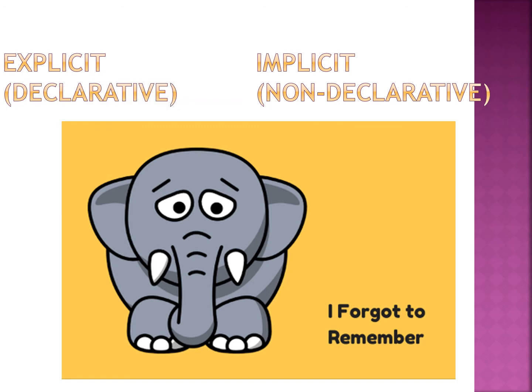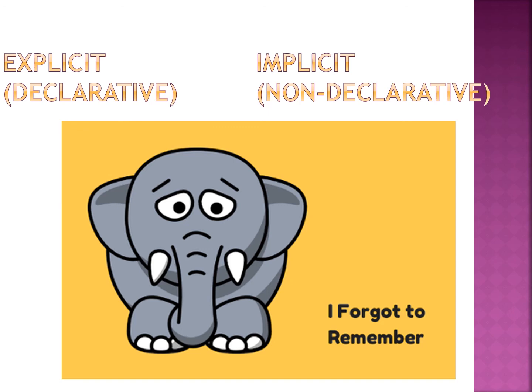Think of this as something that we have to state, like who's the president of the United States, who is the founder of Apple. All of those things are explicit or declarative memory. How old are you? Those are things that you can declare, things that you can say. Memories of experiences that you have, that is a declarative or an explicit memory.